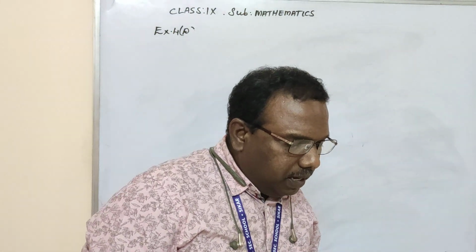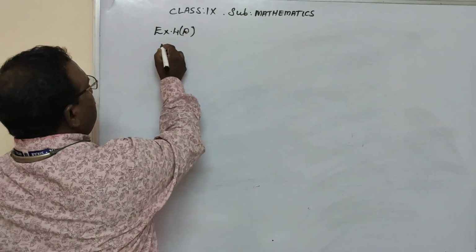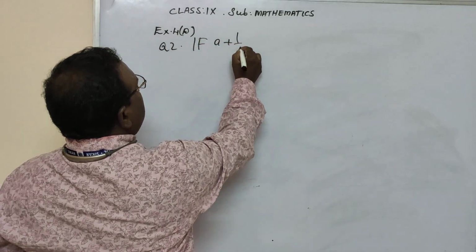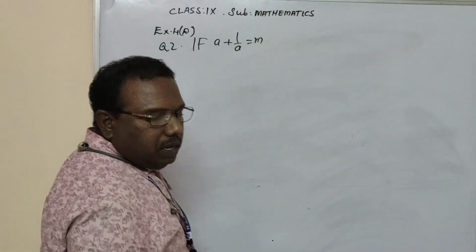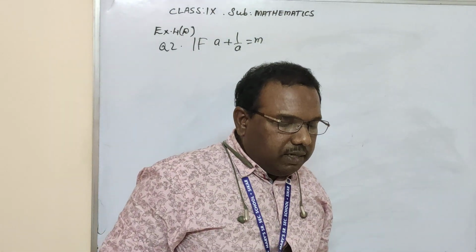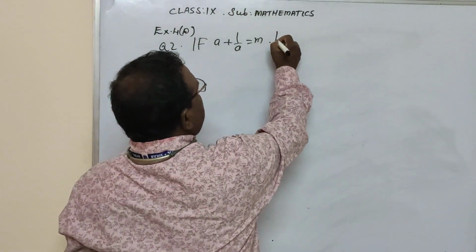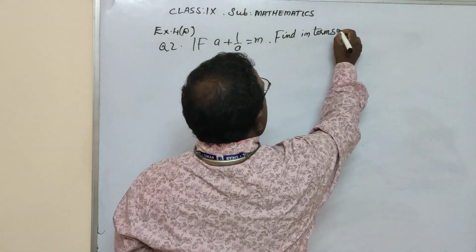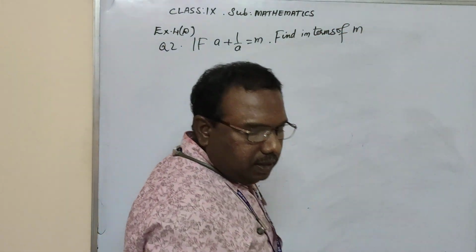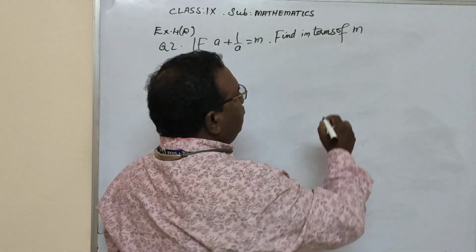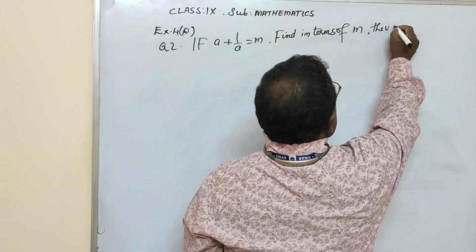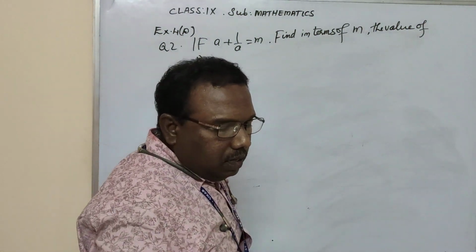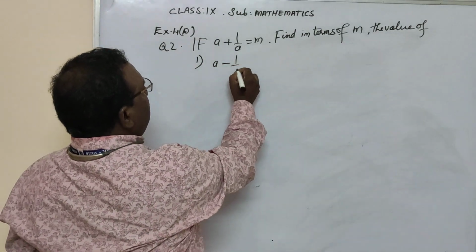If a plus 1 by a is equal to m, where a is not equal to 0, find in terms of m the value of a minus 1 by a.